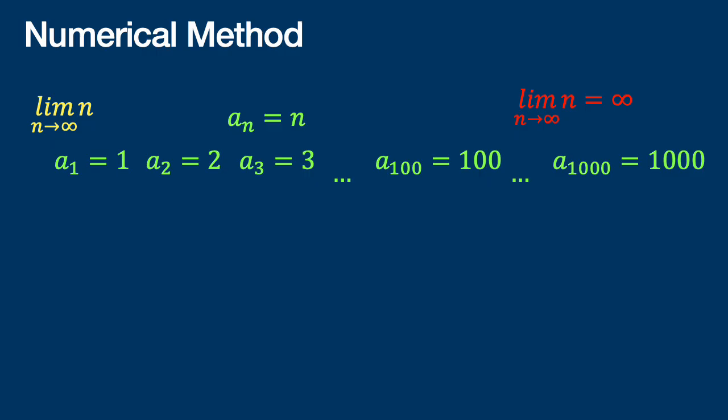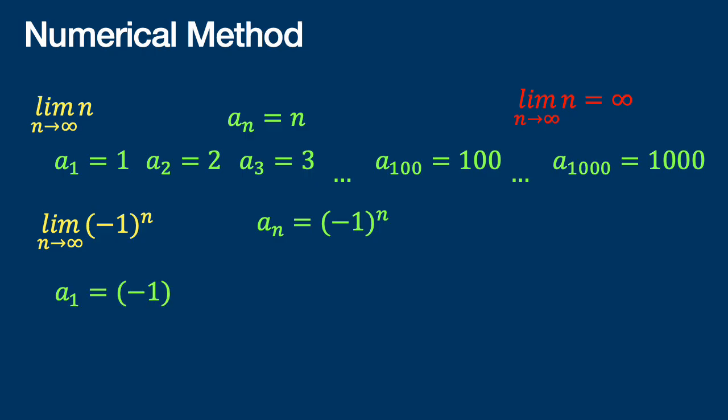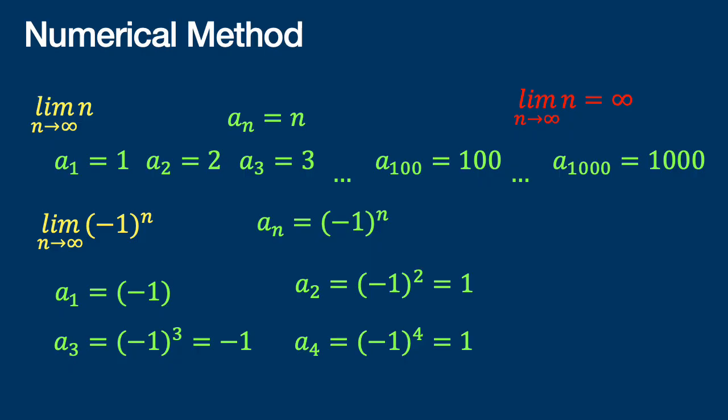So let's have a second example. This time, negative 1 to the nth power. So a_n is going to be (-1)^n. n equal 1 is negative 1. n equal 2, negative 1 squared, that's 1. n equals 3, negative 1 cubed, negative 1. n equal 4, 1.